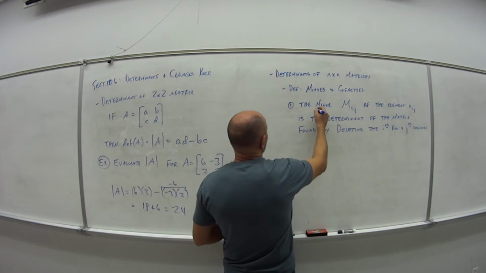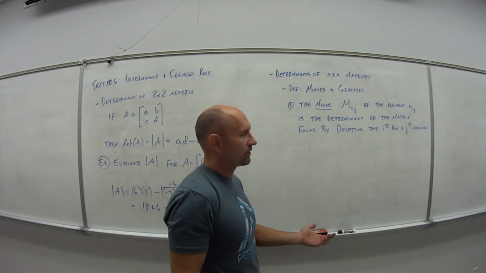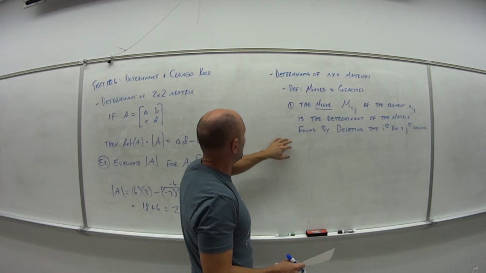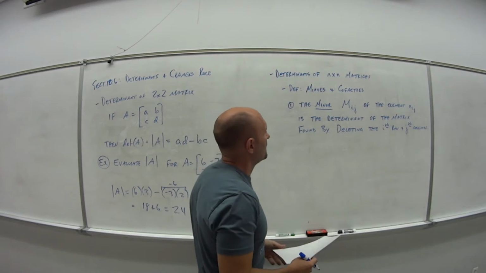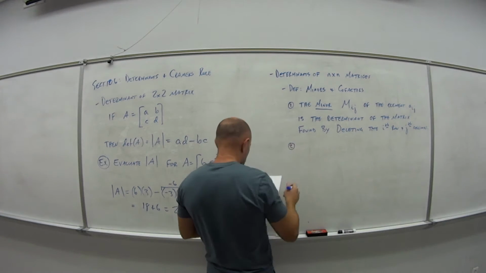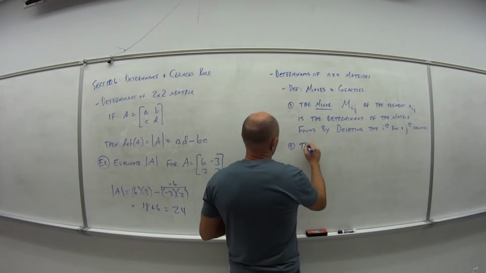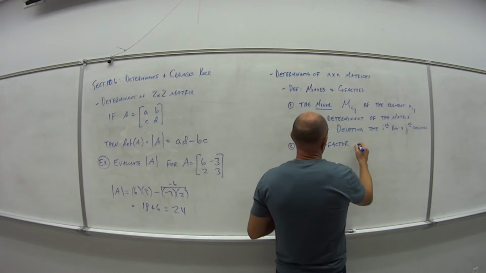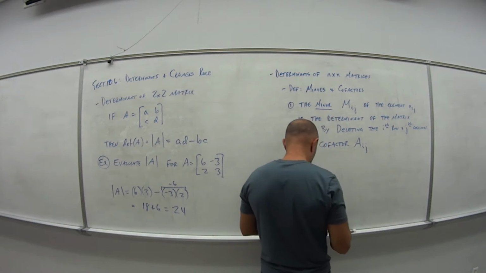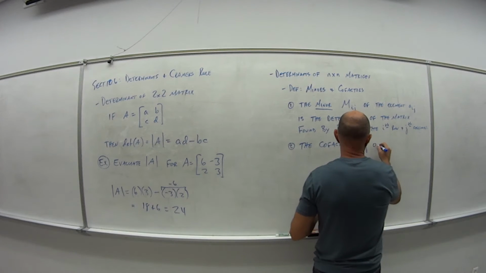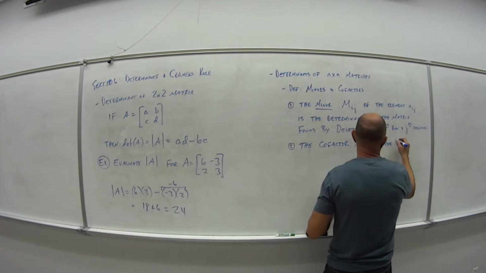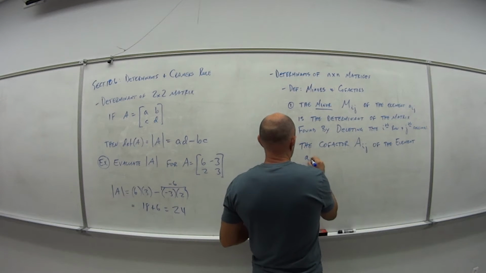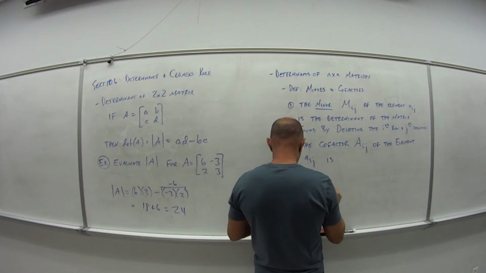So if we're talking about minors, that's what we're talking about, basically a minor matrix. So we pick one element, eliminate that column and that row, and all the other pieces left are the minor matrix. And then 2, the cofactor capital Aij of the element Aij is as follows.